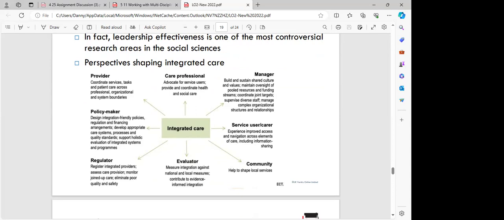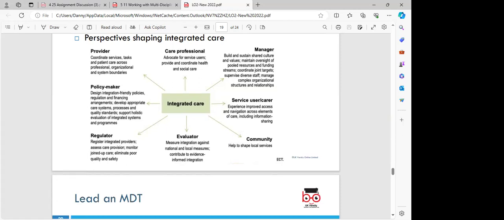You may have the policy makers. You may have the regulators, which may be CQC. You may have the evaluators. You may have your manager himself. You may have the service user or the carer. And then you may have the community. Okay, so these are the perspectives shaping integrated care.